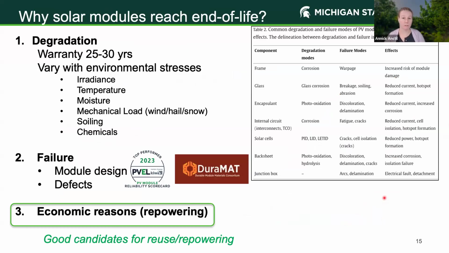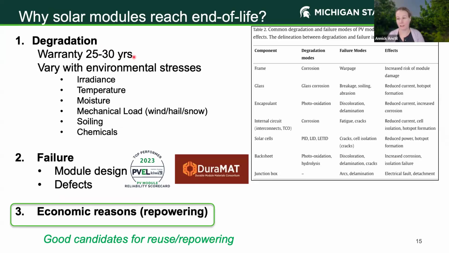Most warranties now are 30 years, not even 25 years, so we've made progress there. But how quickly they degrade depends on where you install them. The bad thing about solar panels is they don't love sun that much. If it's too sunny, and with a changing climate, they tend to degrade faster. Northern climates like Michigan or New York State are good for solar, so they degrade slower than in other climates.